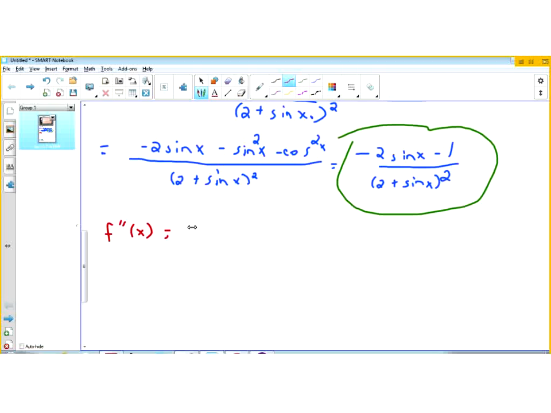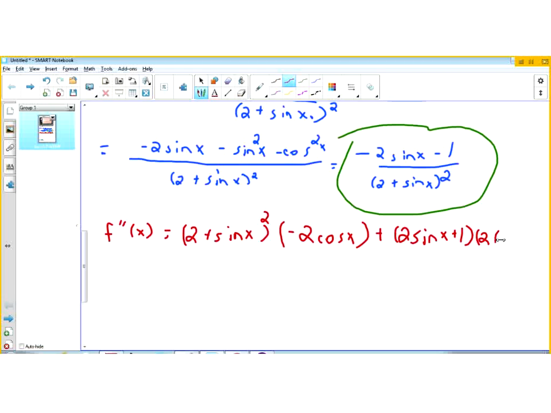It would be the bottom function, 2 plus sine x quantity squared, times the derivative with respect to x of the top function, which would be minus 2 cosine x, minus the top function, which is 2 sine x plus 1, times the derivative with respect to x of the bottom function.